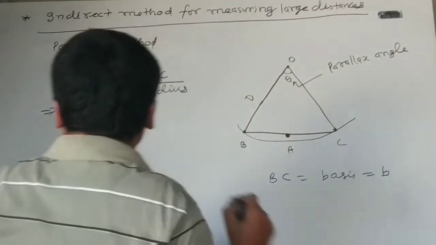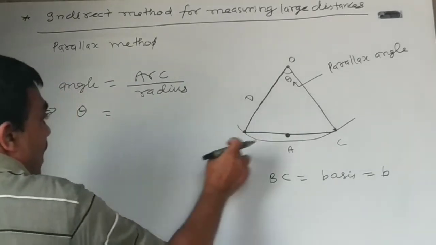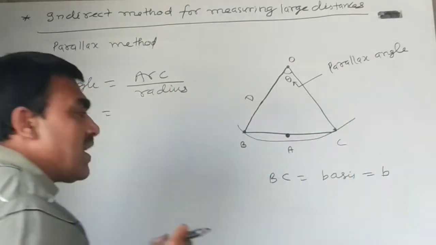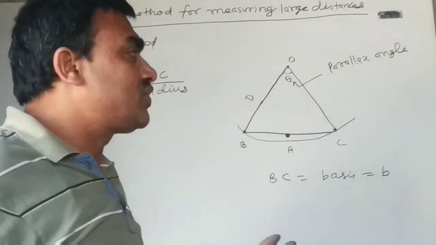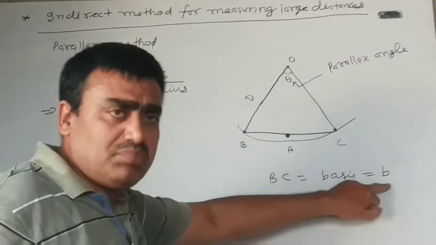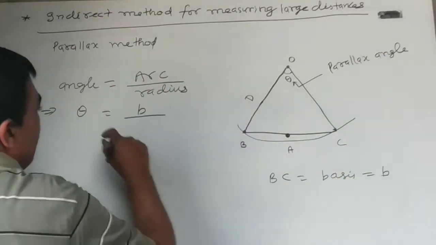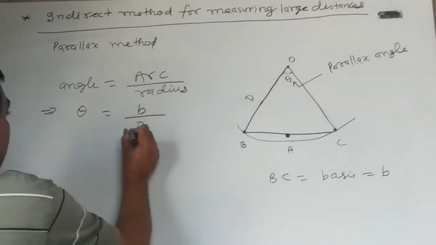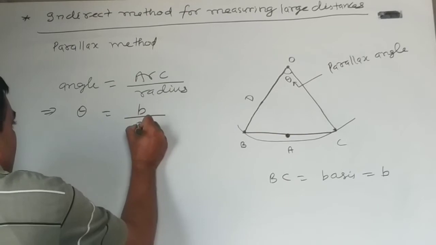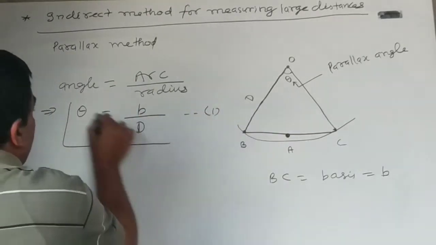We assumed that theta is equal to arc BC, but the distance is very large, so it is in the form of basis b. Okay? b upon radius, which is here D. So theta equals b upon D. This is equation 1.